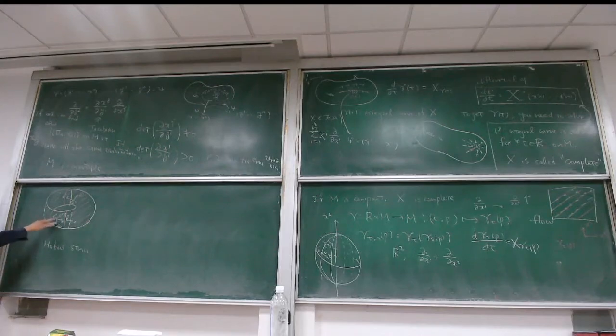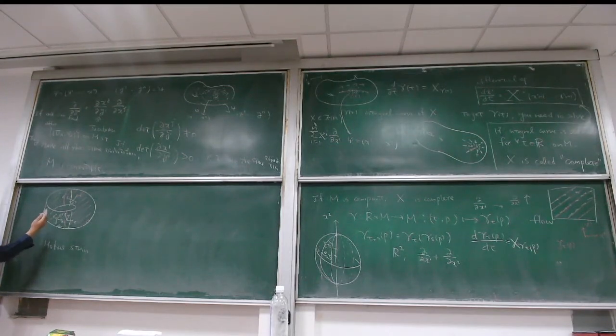These two open patches will cover the whole Mobius strip, and you consider the intersection between them and look at the determinant between them.